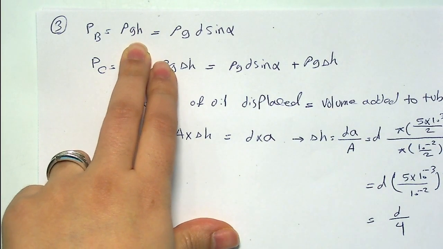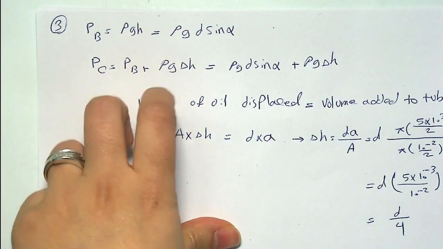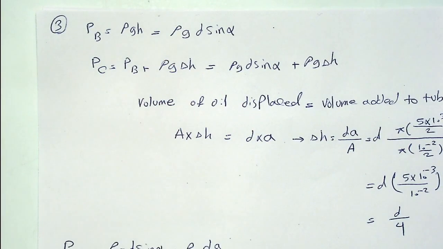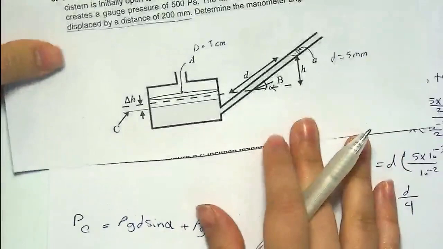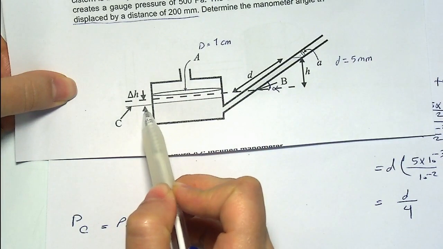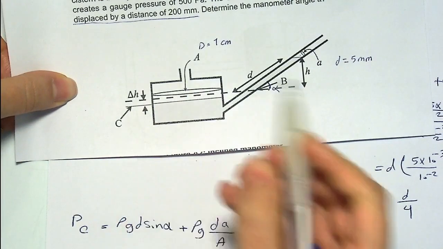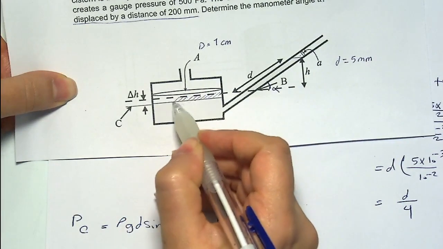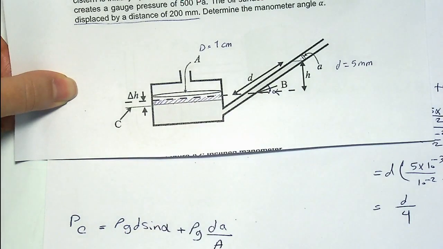So we use that inclined length to calculate H, and then PB would be equal to rho GH. And then to find the pressure at C, you have to add them together. Here C is below B, so it would be the pressure at B plus the hydrostatic pressure of this liquid, which has the height of delta H. So you need to add this together.